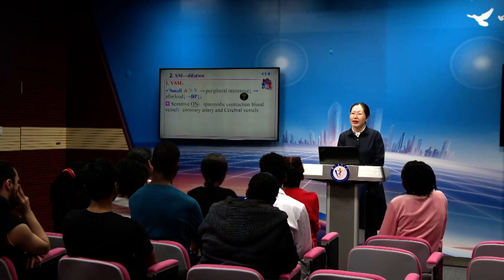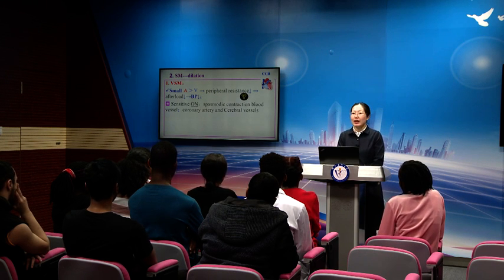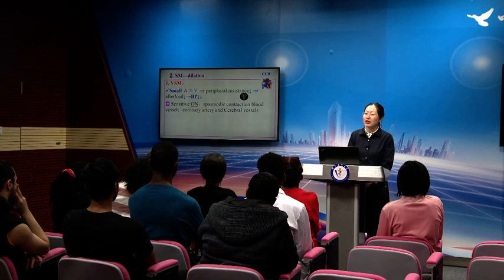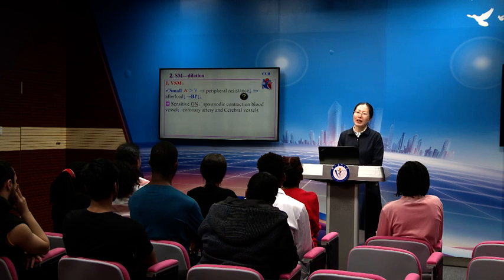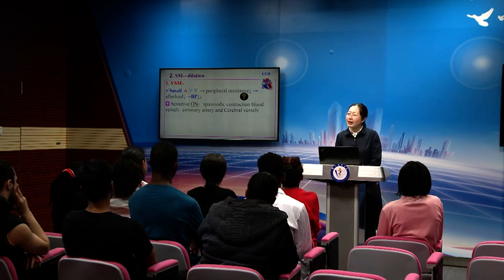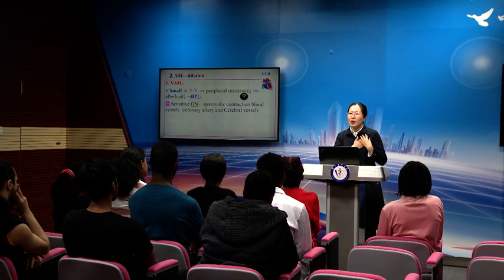Regarding vessel dilation, CCB has these features. The first feature is higher sensitivity on spasmodic contracting blood vessels. In clinic, we just mentioned the disease angina pectoris. In most patients, we know the reason: their oxygen consumption increases. We call this the stable form.